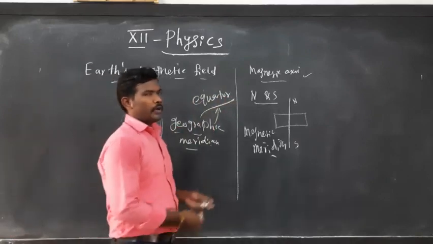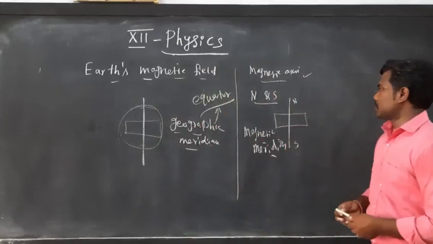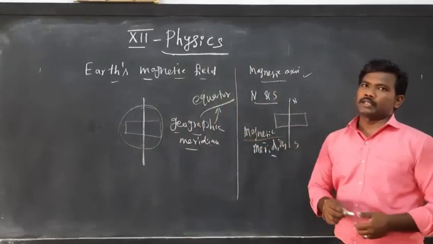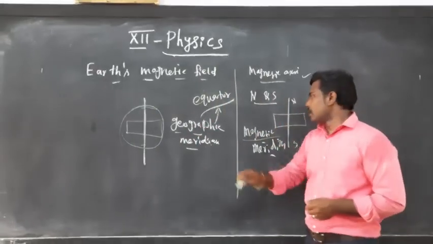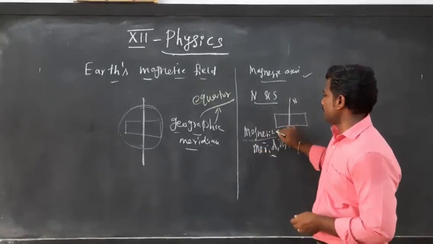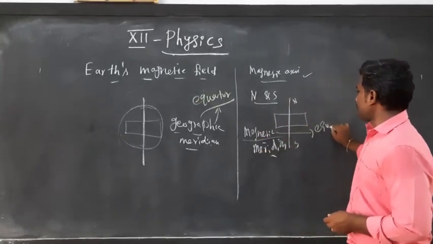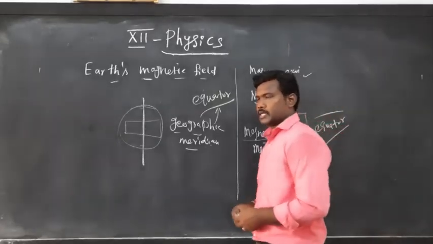And here also, if you draw an enlarged circle perpendicular to the earth's magnetic axis, it is called the earth's magnetic equator.